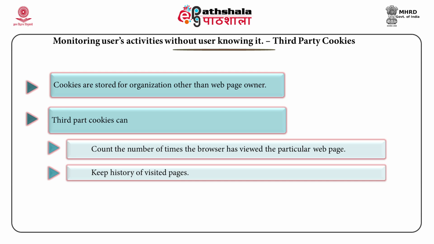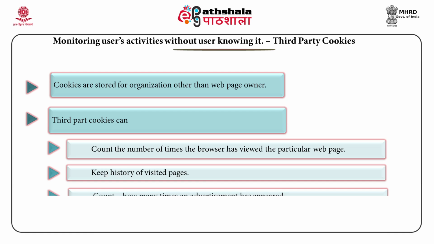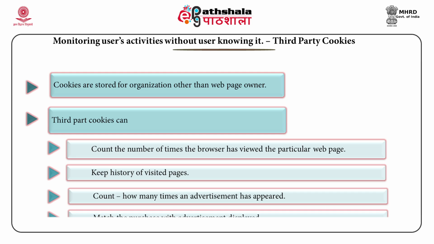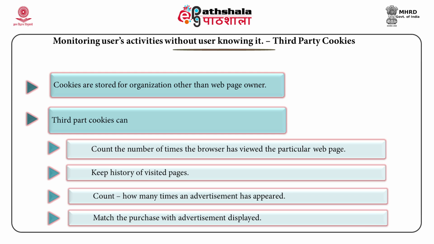The third, it can count how many times an advertisement appeared on the page. It can match the purchase with the advertisement displayed on the page. So, third party cookies usually are used to observe customer behavior.